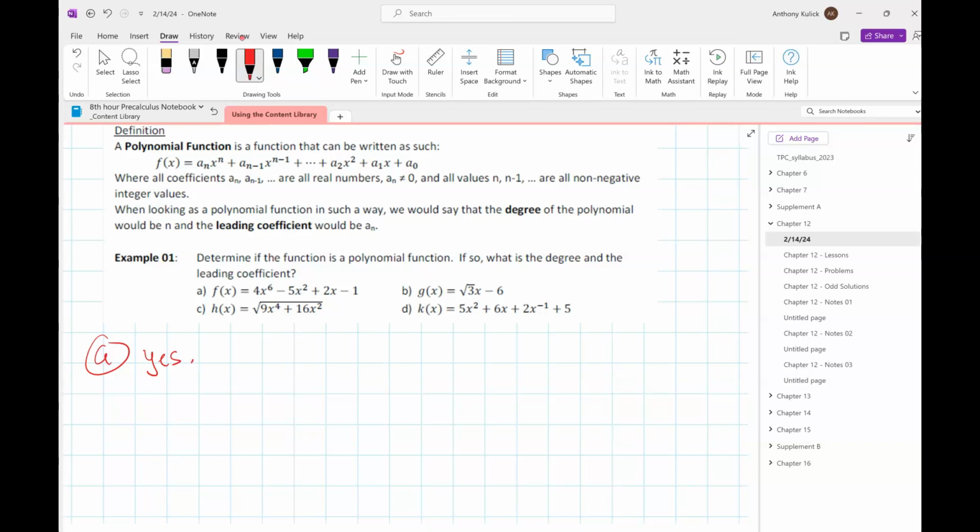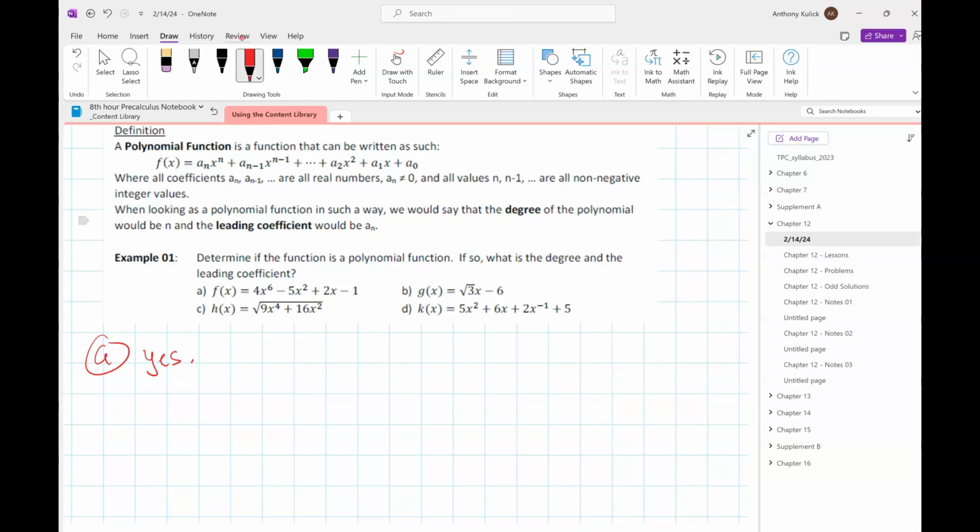So what you need to do is you need to look at two things. All right, the only operations going on are multiplication, addition, subtraction, and exponent, right? Everybody agree? There's no radicals or logarithms or sines or cosines or weird stuff like that going on, right? Are all the coefficients real numbers? 4, -5, 2, -1, those are all real numbers, right?